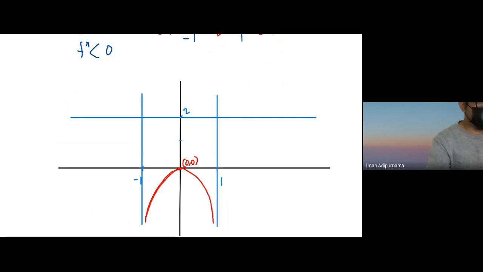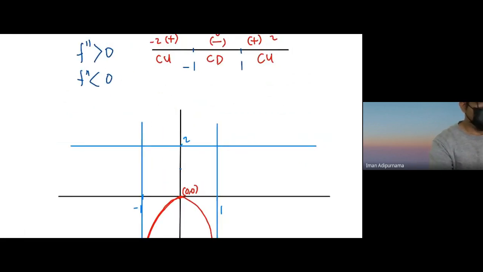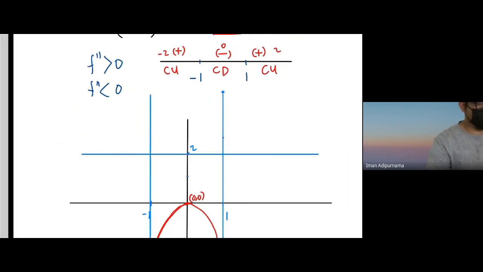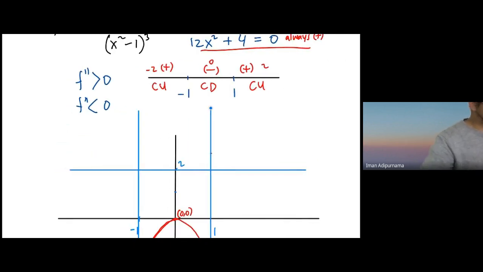Okay, now next the other, let me make it a little bit higher like that. Okay, another curve. You see, this will be concave upwards. This is also concave upwards, the left and right part. So it should be like that.